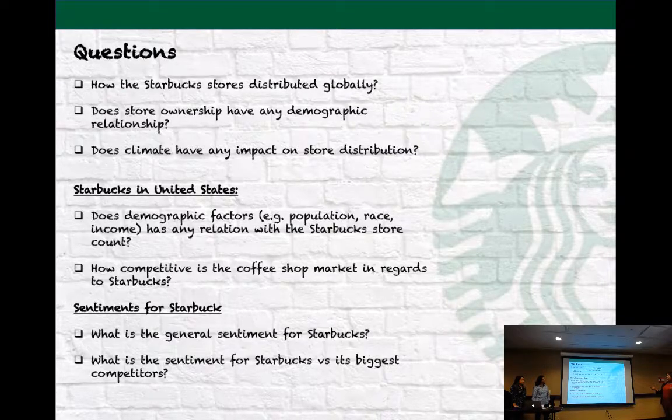Another question: what are the types of ownership that Starbucks has, and do they have any demographic relationship or not? Then we found that maybe we should analyze more of the US data, and we have some observations like demographic factors and how competitive the coffee market is, and at the last we will show you some sentiments around Starbucks versus its competitors.